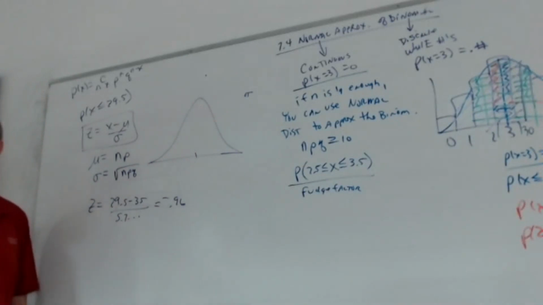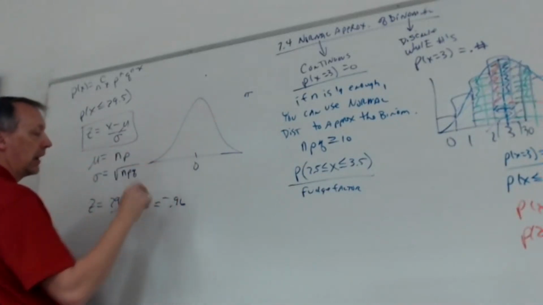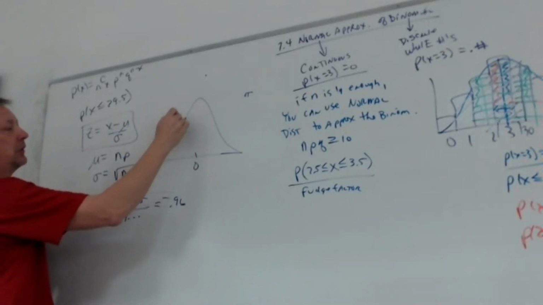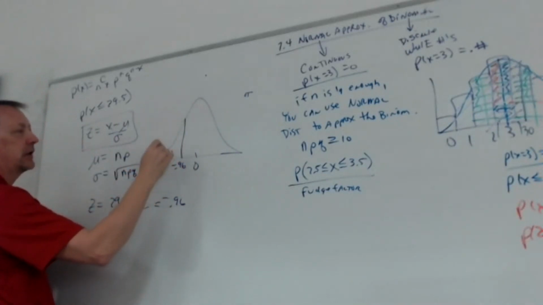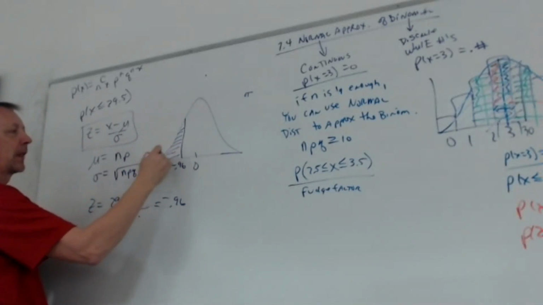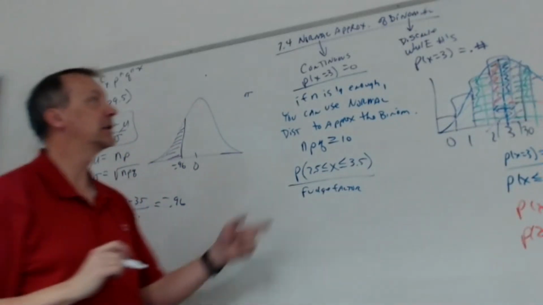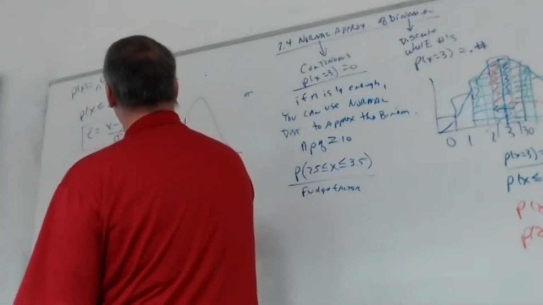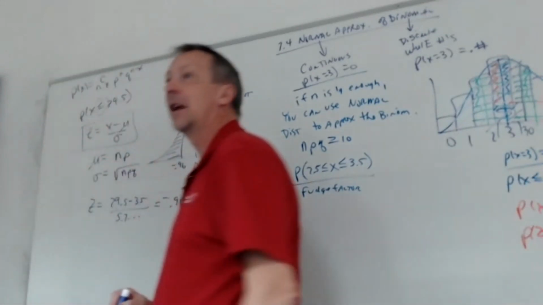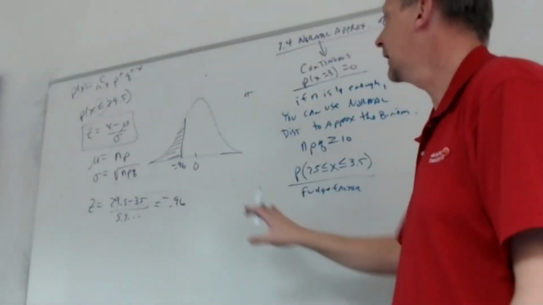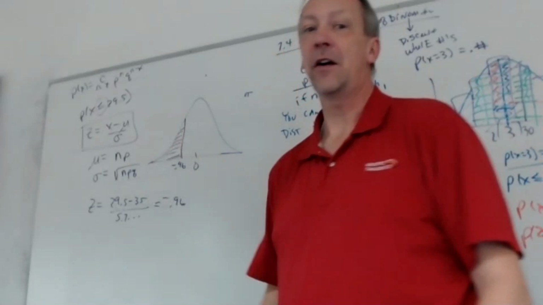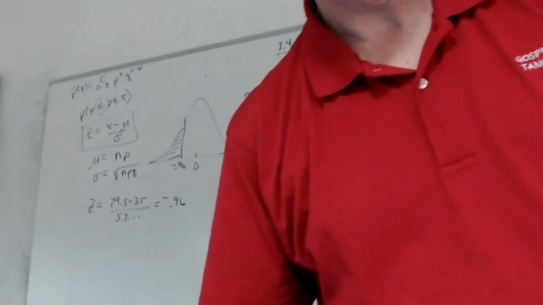What's the mean of the standard normal? 0. And I'm almost one standard deviation away. I'm negative 0.96 standard deviations away, right? So I want the area, because it's less than or equal to 29.5. Okay. I need to find this area. How do I do that with the computer?